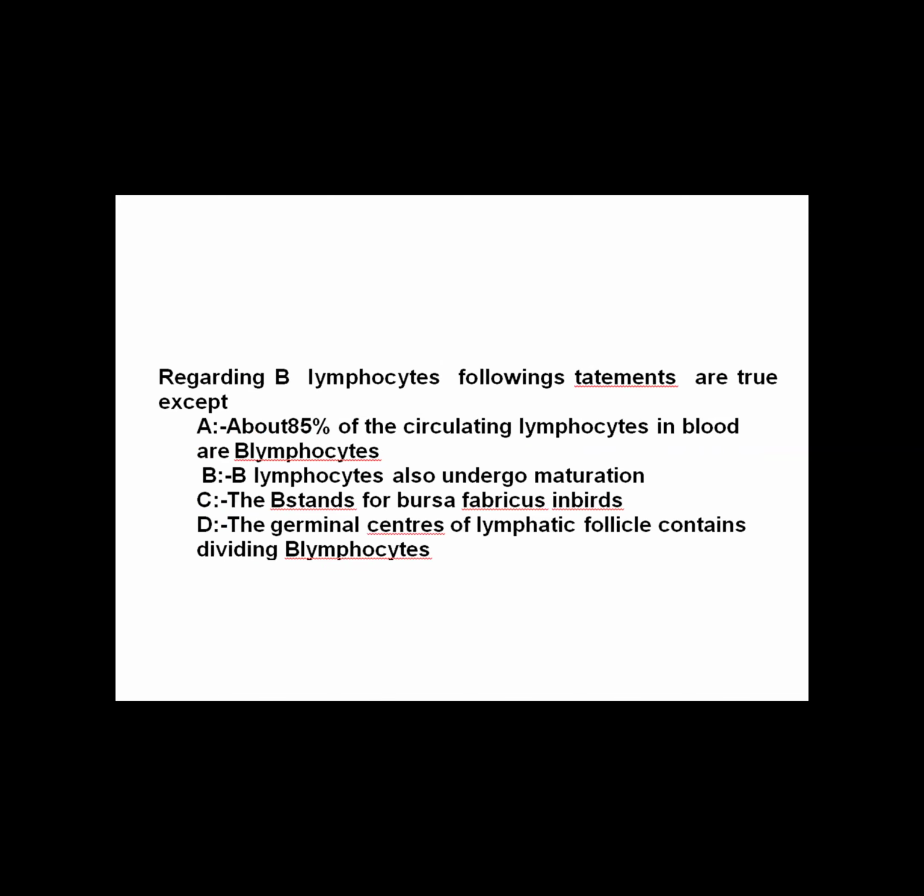Regarding B lymphocytes, these are the statements and you need to identify which is incorrect, because the statements are true except one. First statement, about 85% of the circulating lymphocytes in blood are B lymphocytes. So the first statement says that of all the lymphocytes in our body, 85% are B lymphocytes. Statement B says B lymphocytes also undergo maturation.